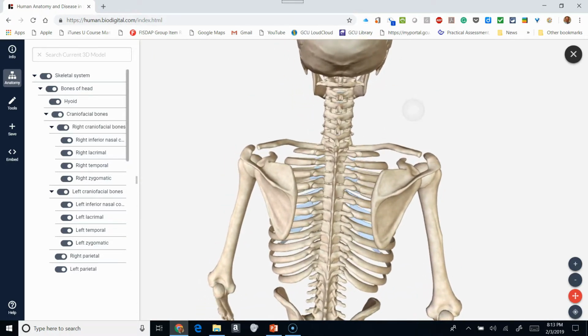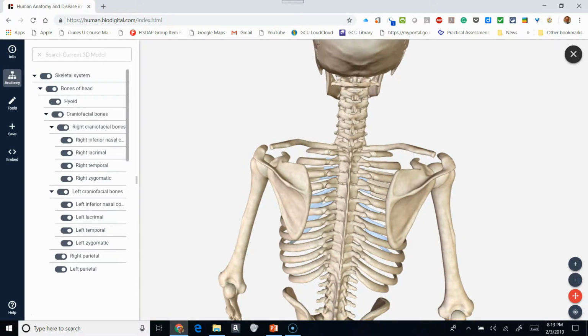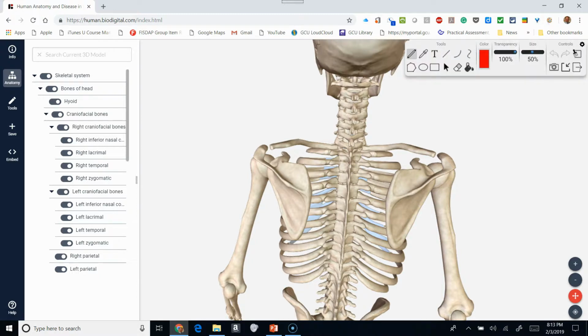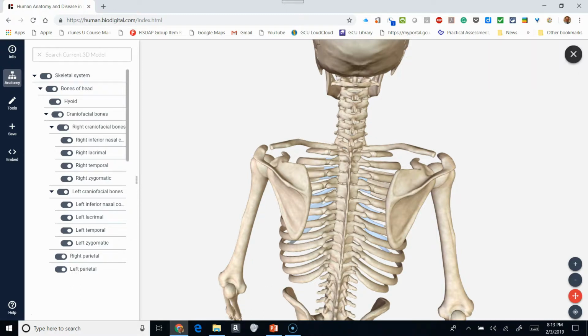There we go. Okay, so the first thing to recall is that the spine is broken down into very specific areas. The areas it is broken down into are, first, 7 cervical vertebrae. If we count these, there's 1, 2, 3, 4, 5, 6, 7, right?